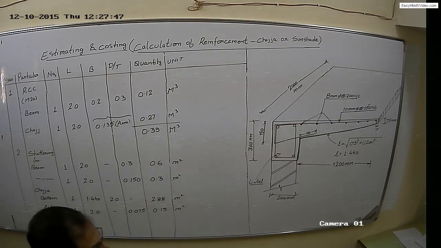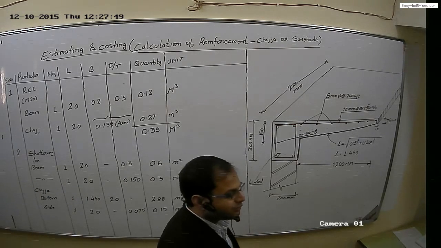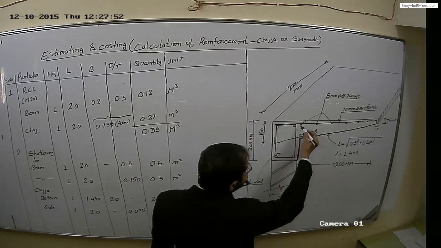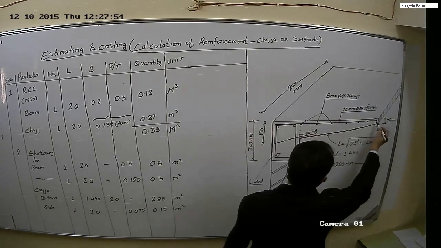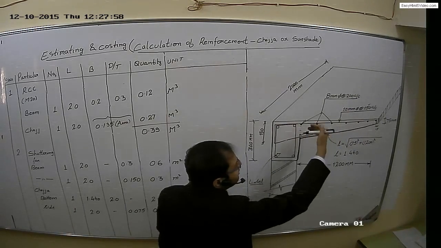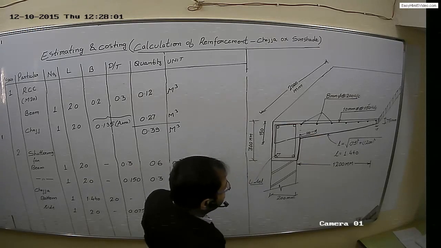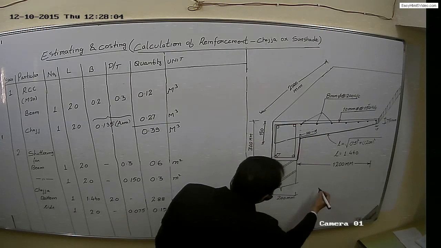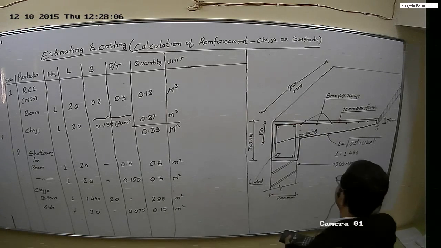Now only two portions are left for which we have to calculate the shuttering. The first portion is this trapezoidal area and the trapezoidal area behind this section. So I am enlarging this area, see.